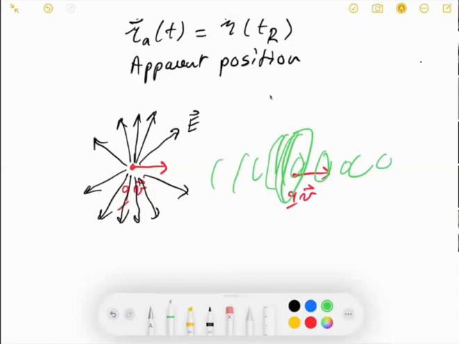This magnetic field is a little harder to visualize, and also what happens relativistically here is a little harder to visualize.